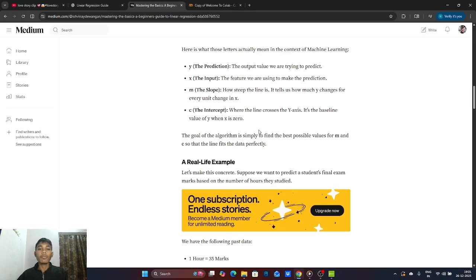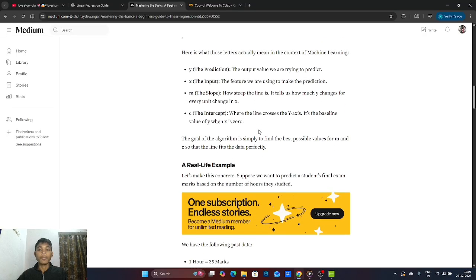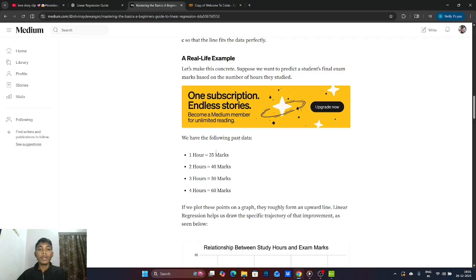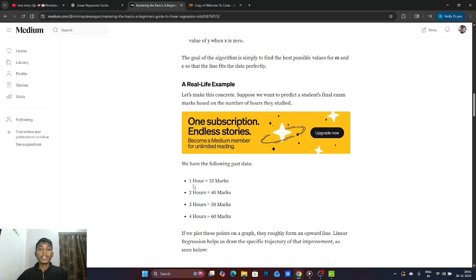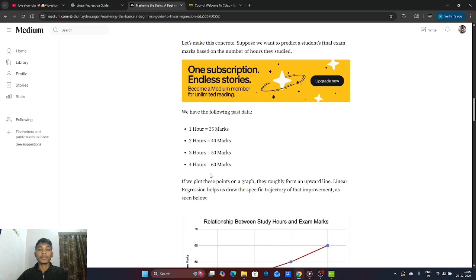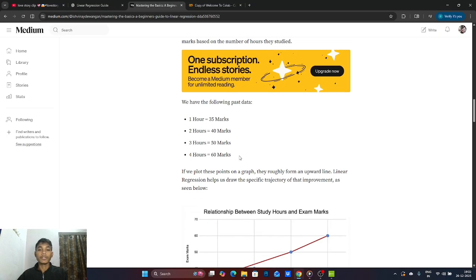So let's break it down with a real life example. Suppose we want to predict a student's final exam marks based on how much he studied. Let's assume he studied 1 hour and he will get 35 marks. Or if he studies 2 hours, he will get 40 marks. Or if he studies for 3 hours, he will get 50 marks. Or if he studies for 4 hours, he will get 60 marks.